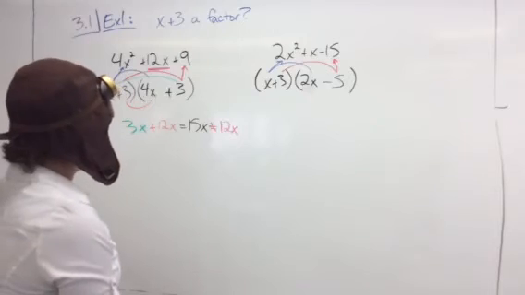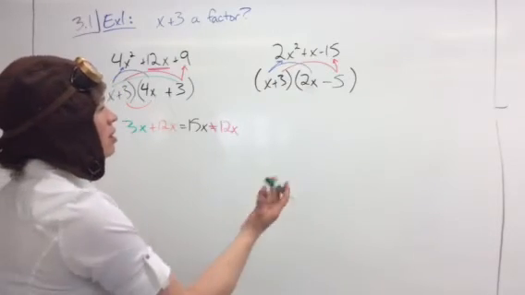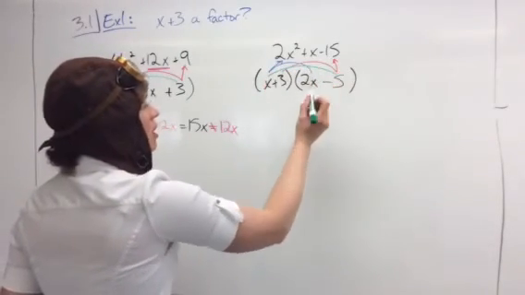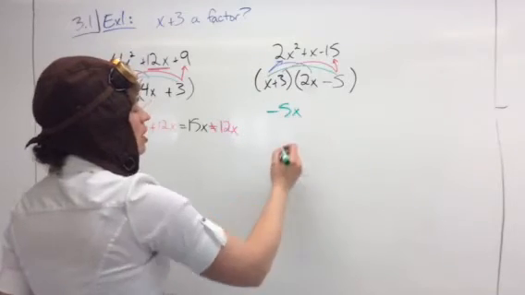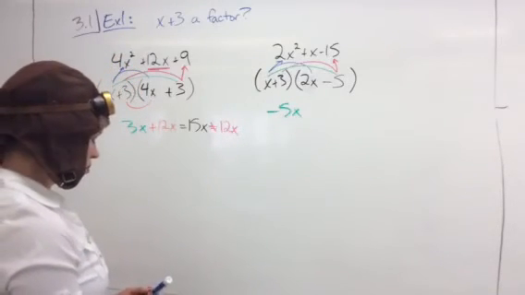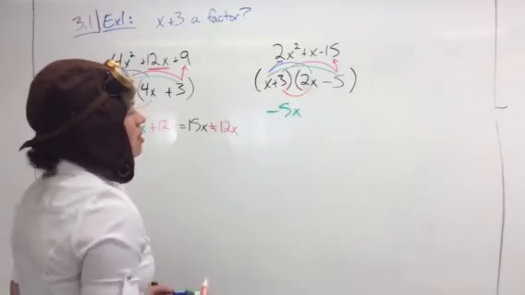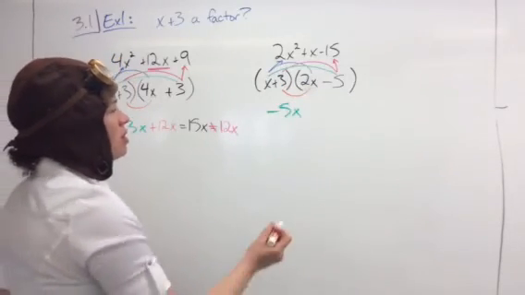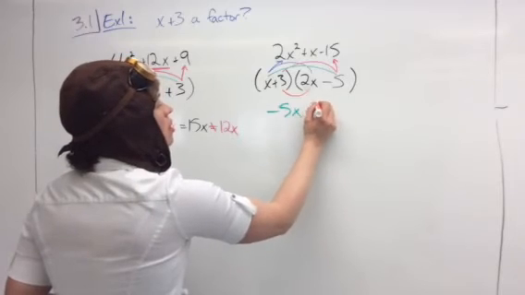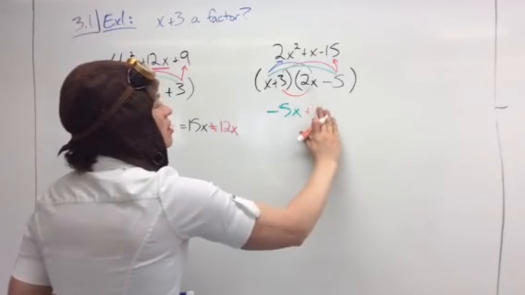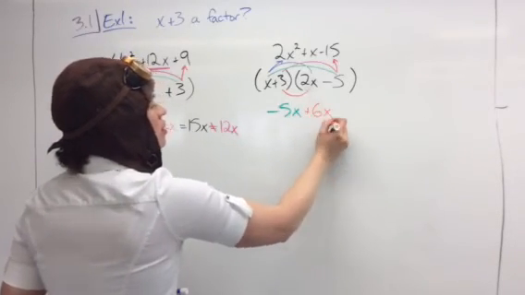Now we check our middle terms and see if they match up. So x and negative 5 is going to be negative 5x. My inside term, 3 times 2, 6x.